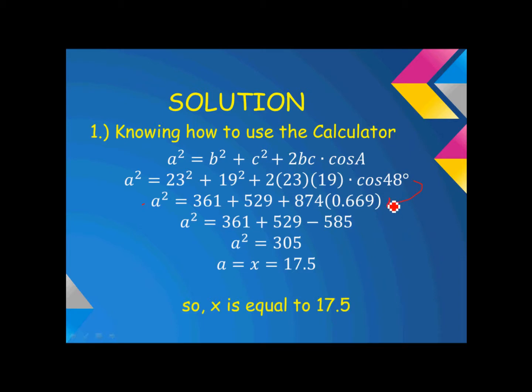A squared is equal to 361 plus 529 minus 585. Then A squared is equal to 305. Then the square root of it is equal to 17.5. So X is equal to 17.5.